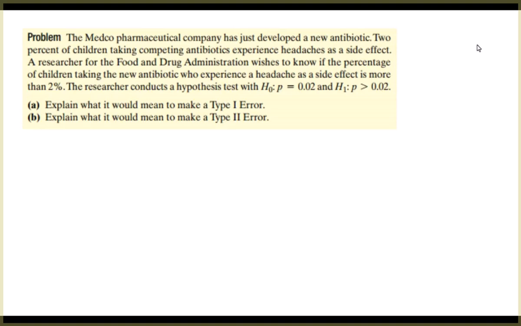We've got this antibiotic, and we know from experience that kids taking a similar antibiotic from other companies, 2% of those kids have headaches as a side effect. So the FDA wants to know, is ours worse than that in terms of side effects? So look at the null. P, we are talking about a proportion here, is 0.02.